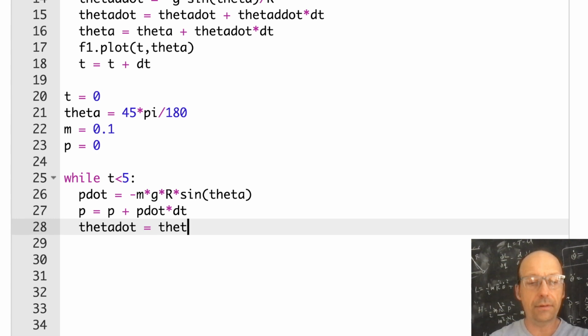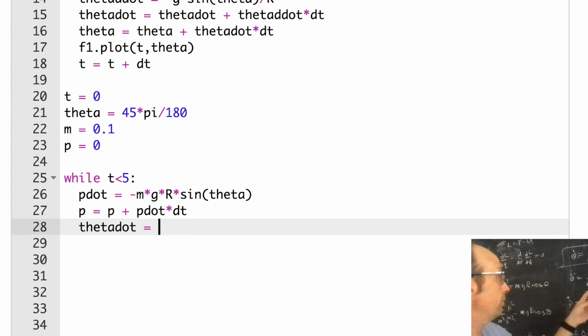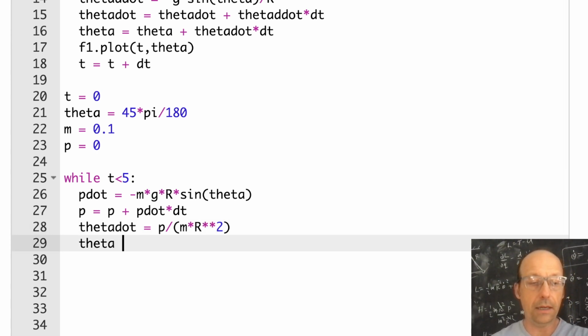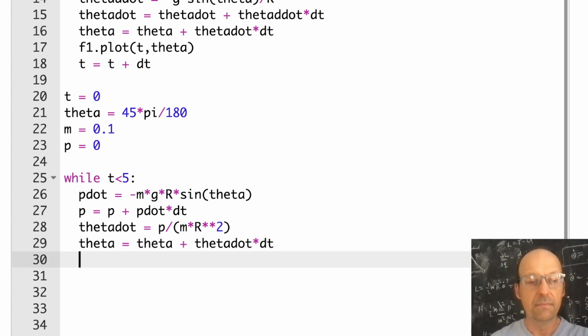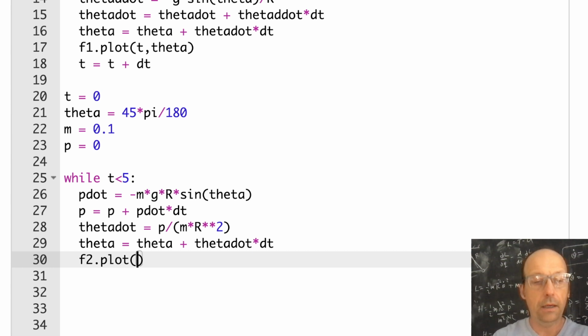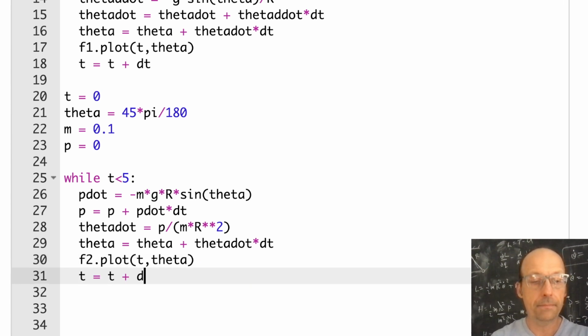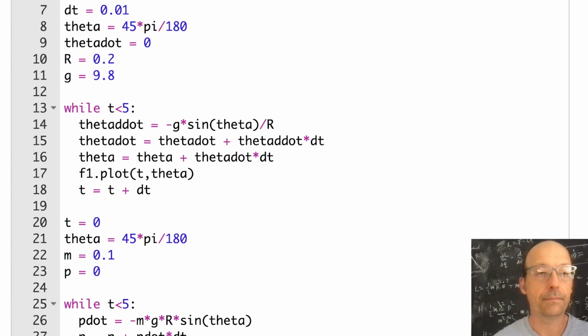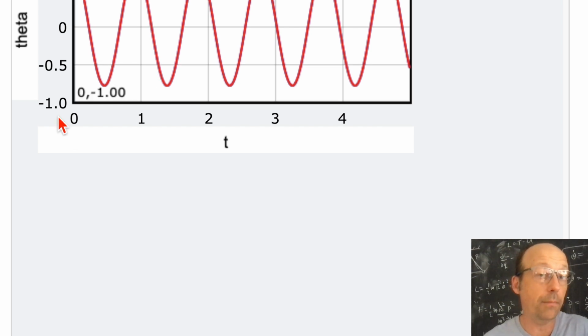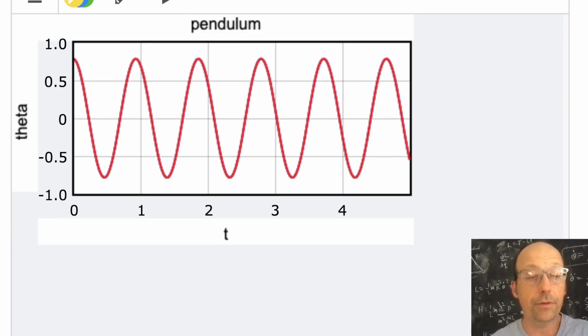Theta dot is equal to P over m r squared. And now I'm going to update theta. So now I can make my graph. F2 dot plot t, theta. Now I'm going to update time, and let's run it. And the two graphs are right on top of each other.